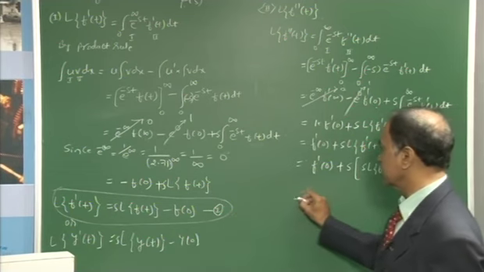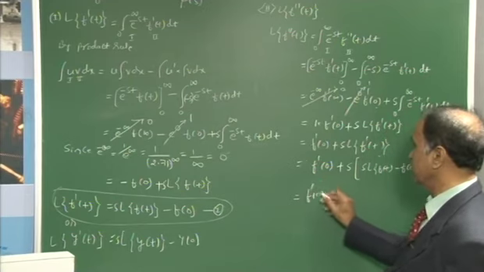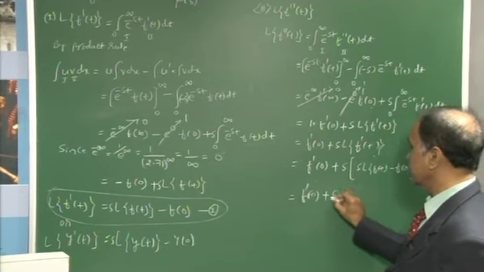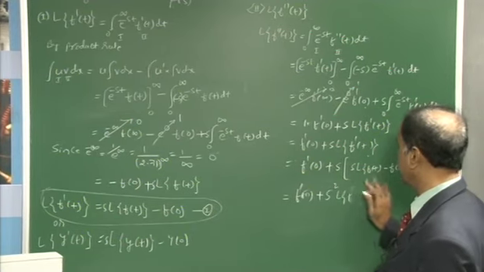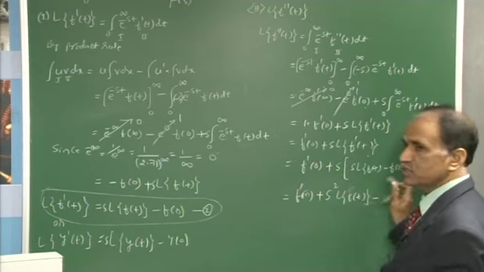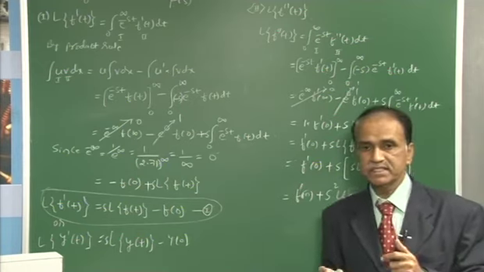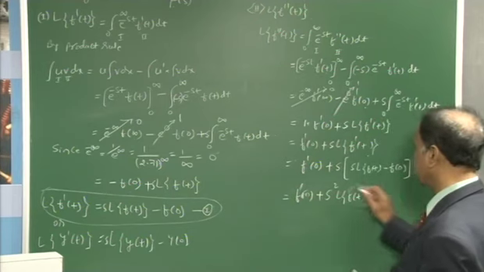That is equal to f dash of 0 plus s into s, that is s square, and L of f of t, minus s into f of 0, that means s is to be multiplied.